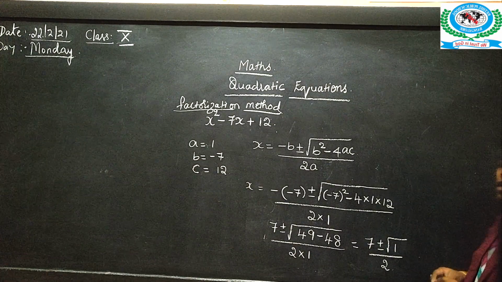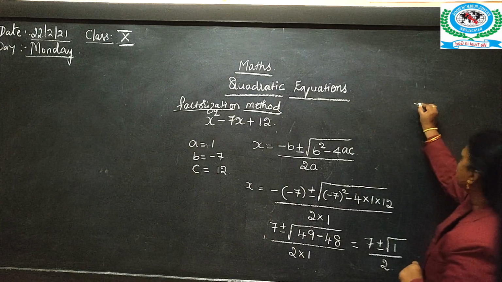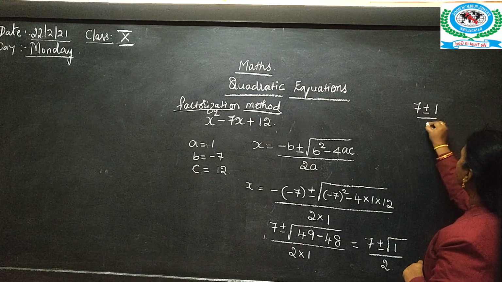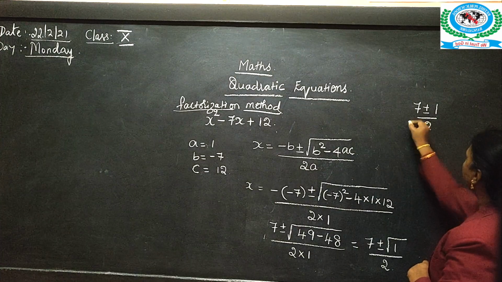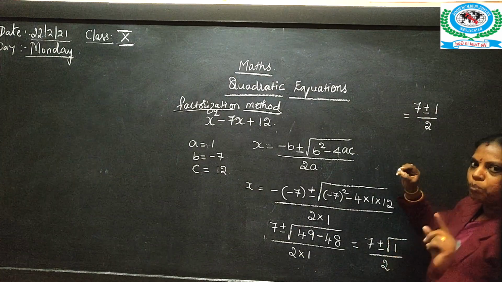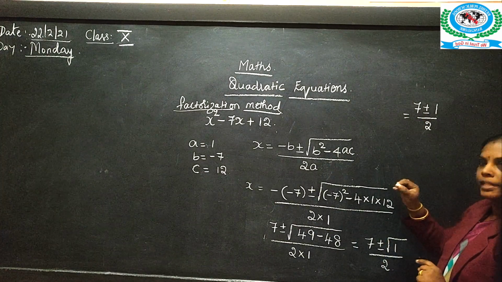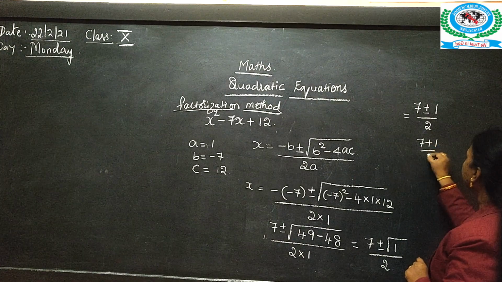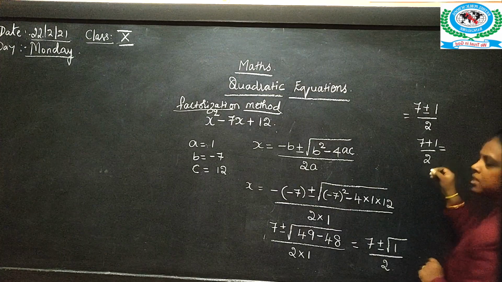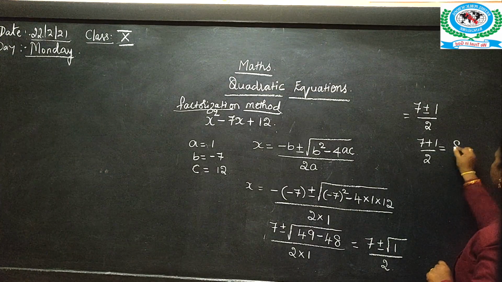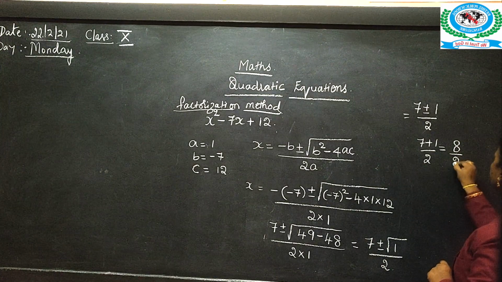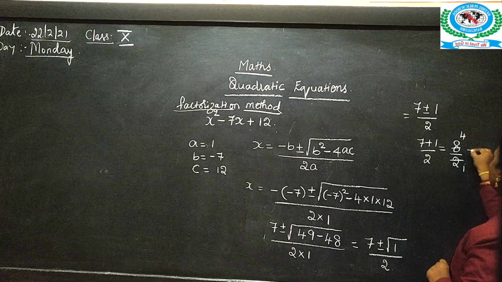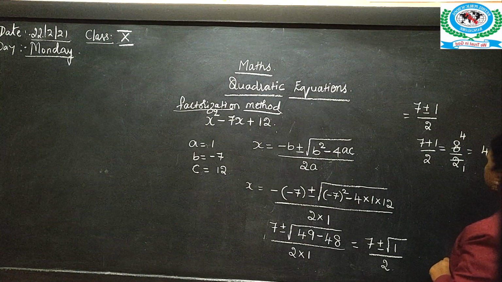Square root of 1 is 1 only. So 7 plus or minus 1 by 2 it is. So once you take positive, other time you take negative. So 7 plus 1 by 2. So 7 plus 1 is 8, 8 by 2. 2 ones are 2, 2 fours are 8. So it is 4.